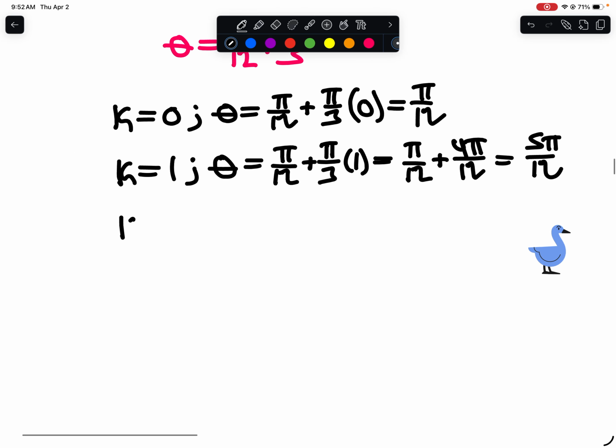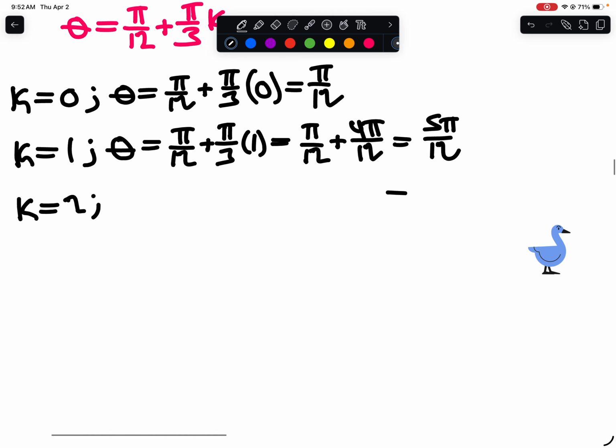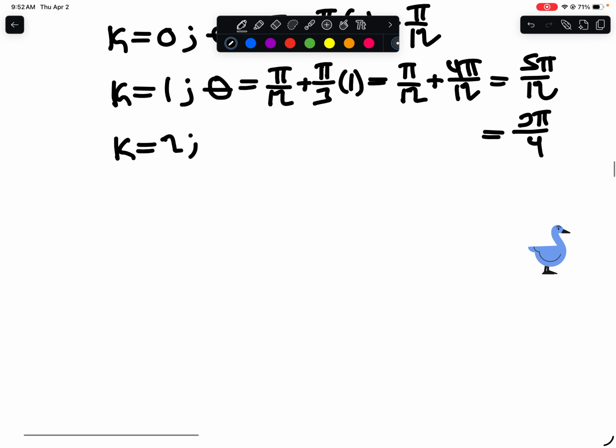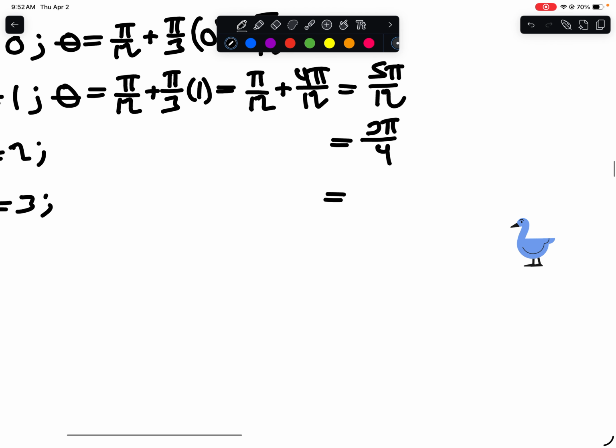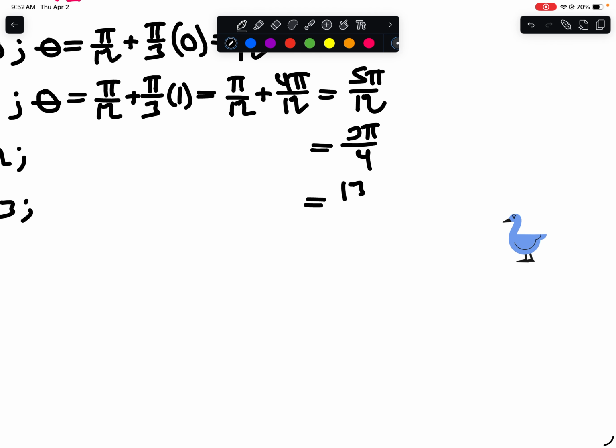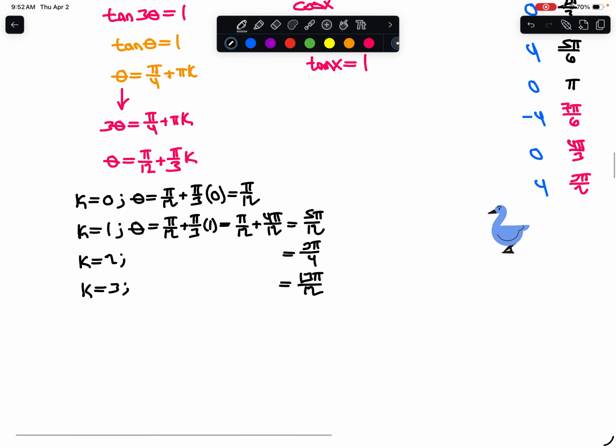So when I do a k value of 2, that's going to give us 9 pi over 12, which is going to be 3 pi over 4. Okay, and then when I do another k value, so I'll do a k value of 3, I'm going to try to skip some steps here, try to streamline some of this. That would be 13 pi over 12. Okay, so I'm actually going to stop at that k value.